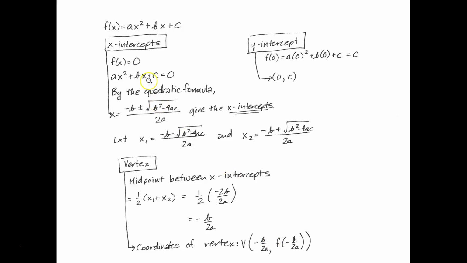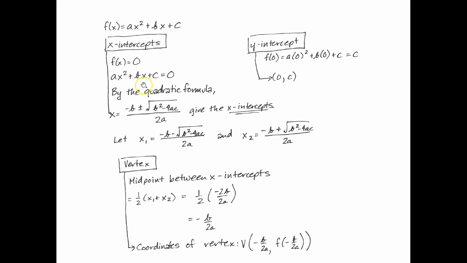here on the next page we want to say that if I have a function in its general form, this quadratic function ax squared plus bx plus c, the x-intercepts come from letting f(x) equal 0.